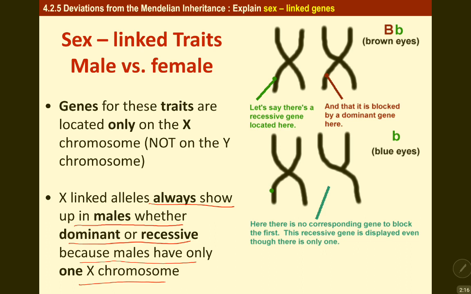For example, a female has 2 X chromosomes, so we have either the homozygous dominant case, the heterozygous case, or the homozygous recessive case. But for male, since the Y chromosome does not carry these genes, they are either dominant or recessive. They do not have a heterozygous case.